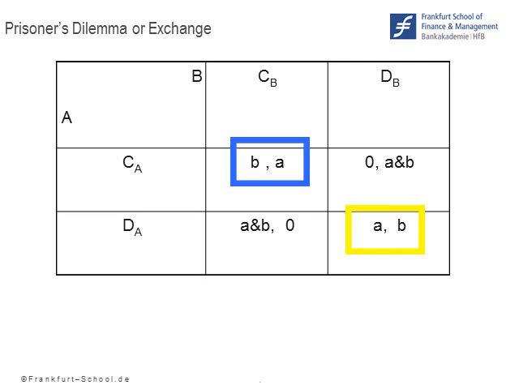Person A prefers to have the small quantity B, and person B would prefer to have the quantity small a, whereas the initial endowments were small a for capital A and small b for capital B.